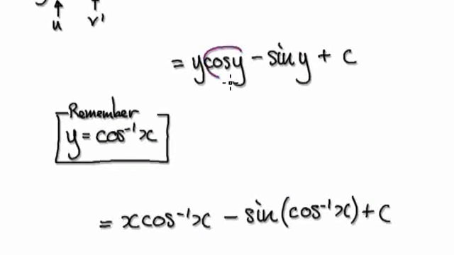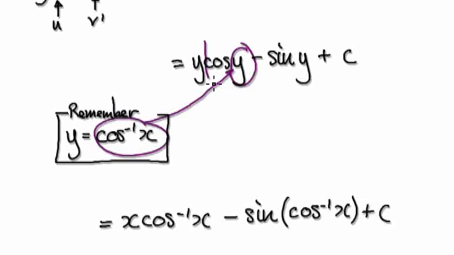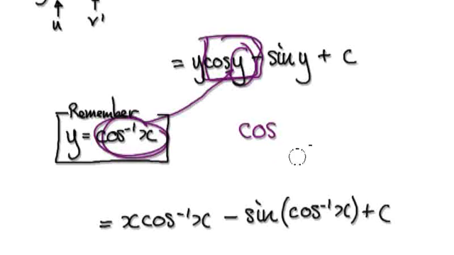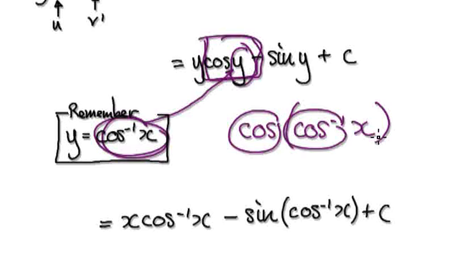Because if you look at this here, cos of y, if you put this into just the y here, what you've got is cos of y. But remember, y equals this thing here, so we can actually say cos of inverse cos of x. Here you've got cos and an inverse, so that will leave you with x.